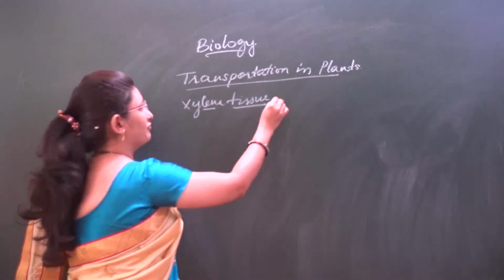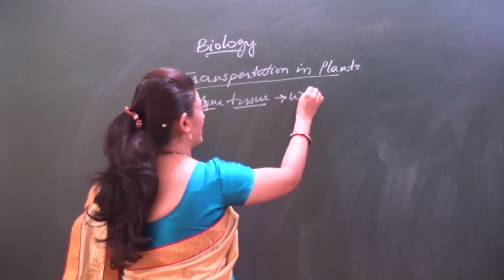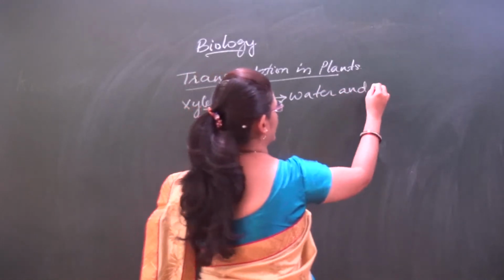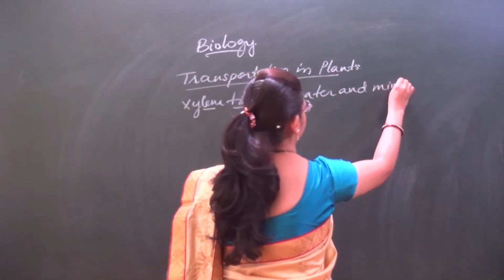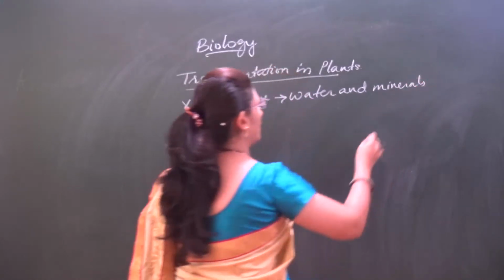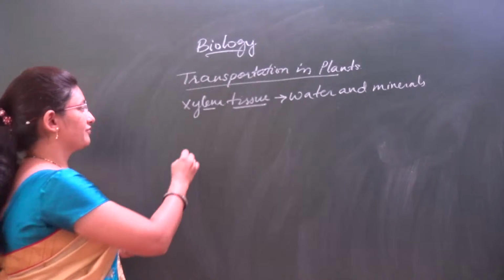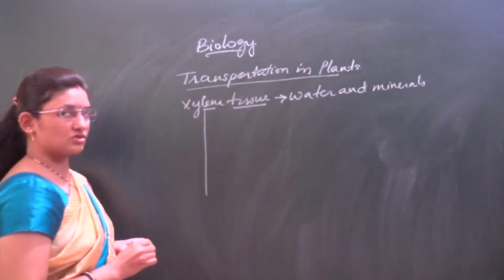The conduction of water and minerals will be carried out by the xylem tissue. Xylem, water and minerals. How the conduction is taking place? With the help of the components of the xylem. What are those components?